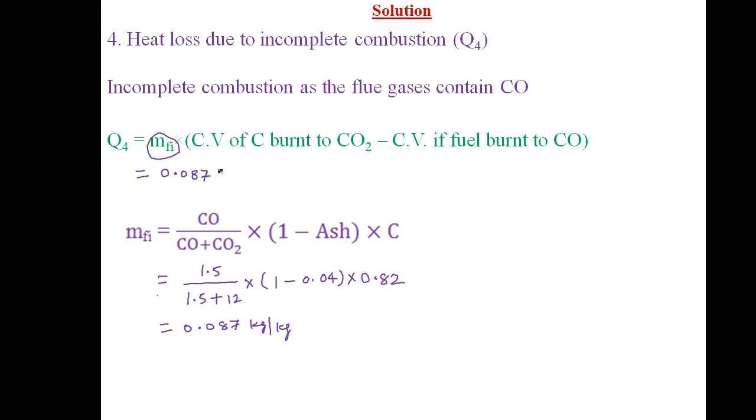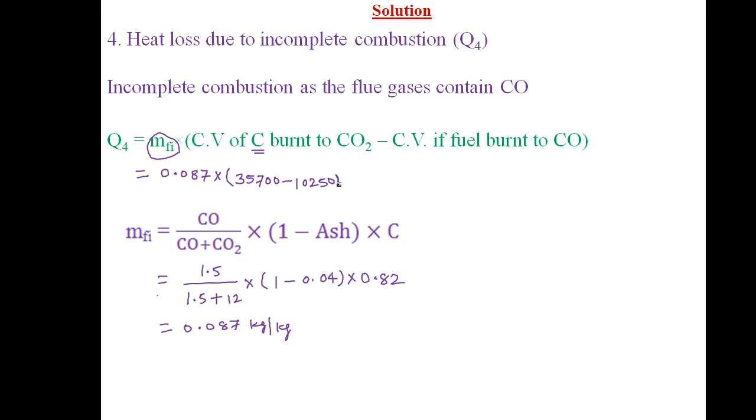kg per kg of fuel into the calorific value of fuel if it is burned completely, sorry, not the calorific value of fuel, it is the calorific value of carbon only. If it is carbon, then it liberates 35,700. This is not given in the problem, but we have to remember that 35,700 kilojoules of heat energy is liberated by complete combustion of carbon into carbon dioxide. And if it burns into carbon monoxide, then the calorific value gets reduced, and it is 10,250 kilojoules.